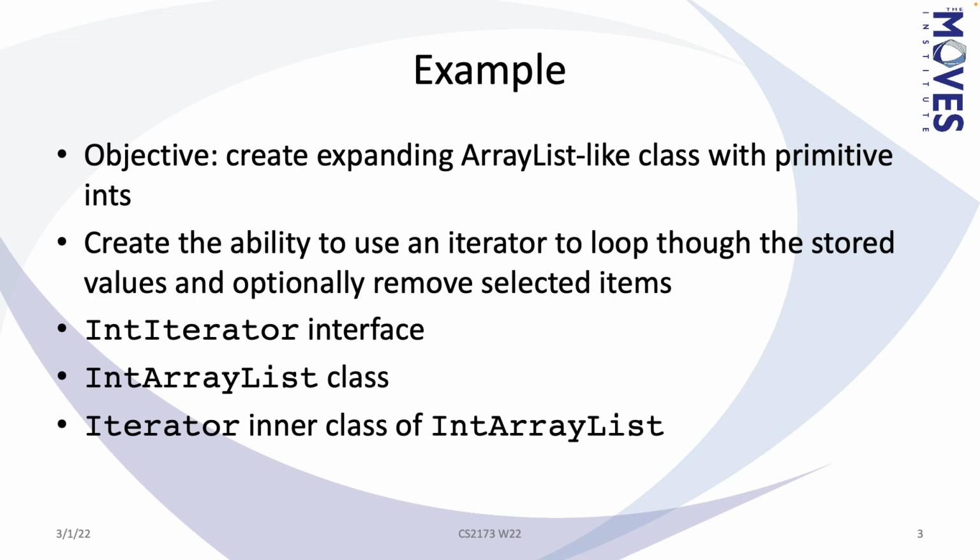So, one of the frustrating things about working with Java collections, though, is the fact that everything has to be an object wrapper. That is, Java does not have any built-in collection that's based strictly on primitives.